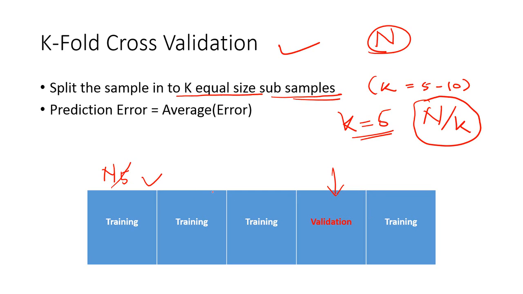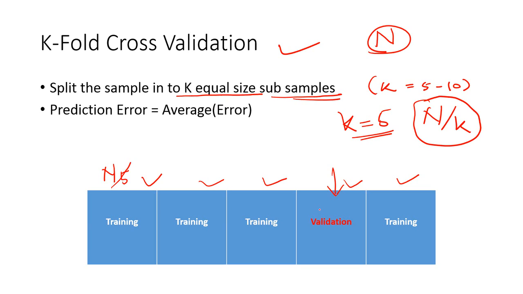This is a training subsample, training subsample, training subsample, but the 4th one is a validation one, and then the 5th one is a training sample. So we build a model using the training samples and use the validation sample to validate it. How do we validate it?